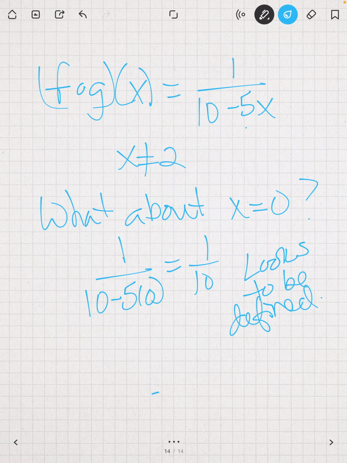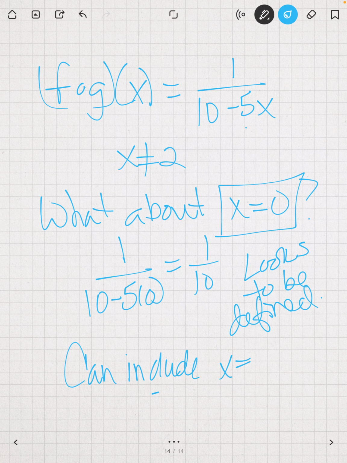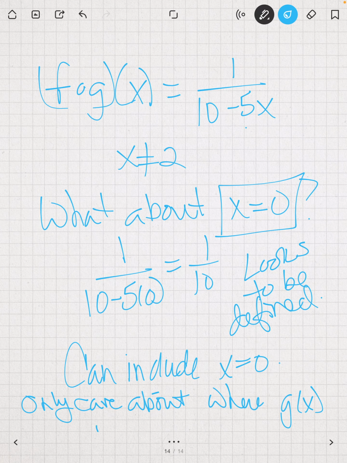But here we can include 0, because we only care about where g of x is in the domain of f of x.